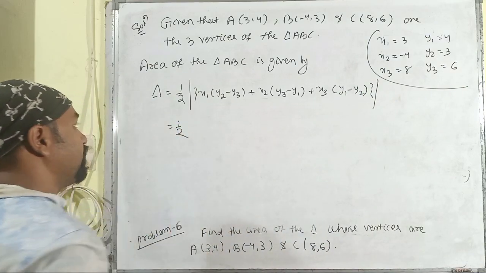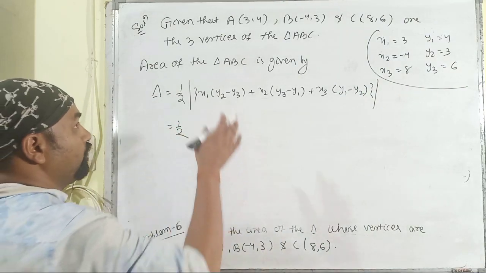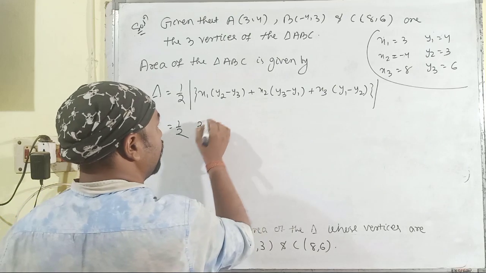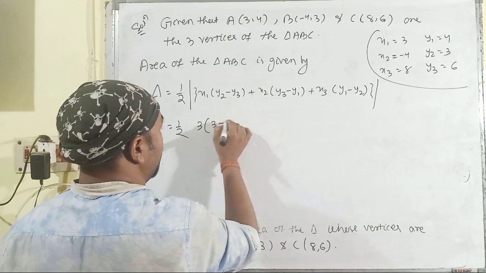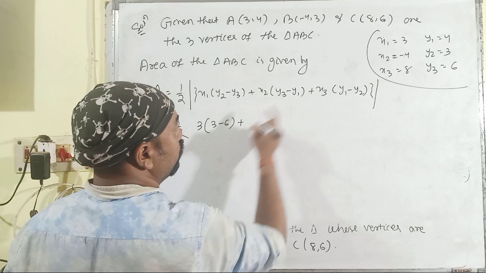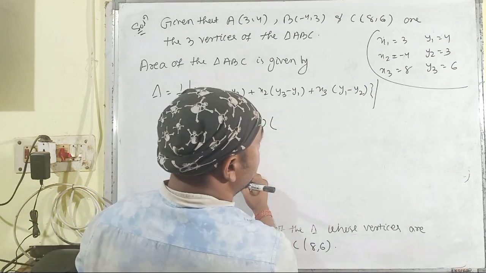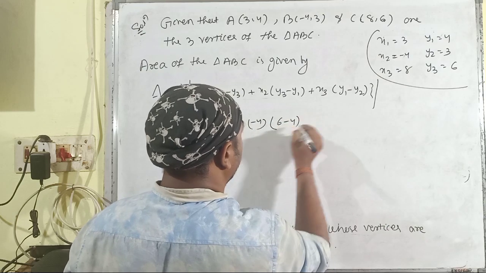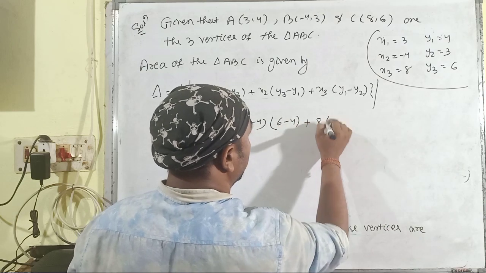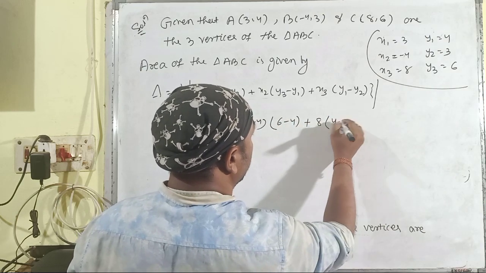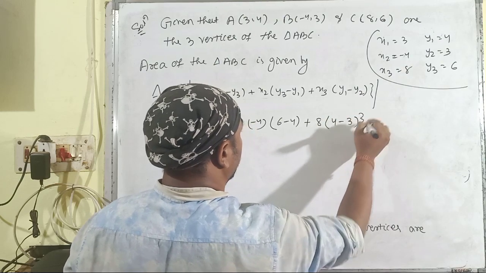So it is half of, by substituting these values, 3 multiplied with (3 minus 6) plus x2, the value of x2 is minus 4, multiplied with (6 minus 4) plus x3 multiplied with (y1 minus y2), that means 4 minus 3.